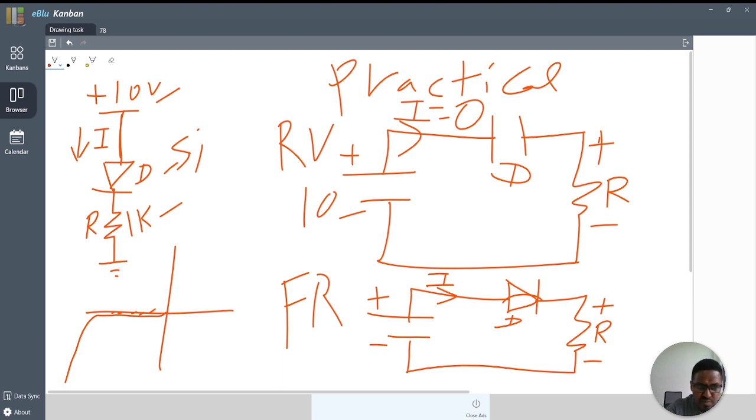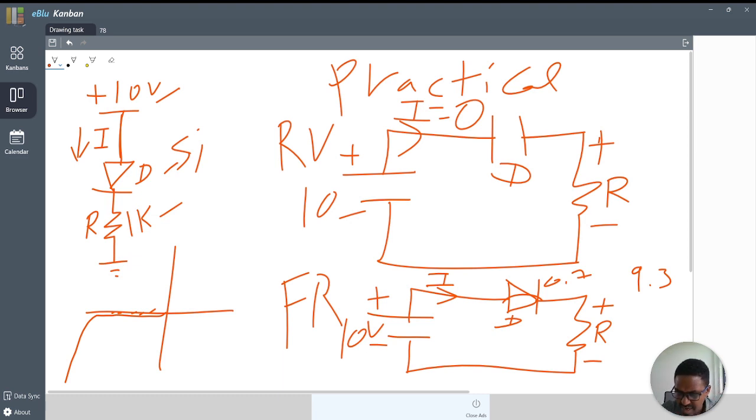If you assume the diode is a silicon diode, the voltage drop of the diode is 0.7 volts. So the voltage drop across the resistor becomes 9.3 volts, because our source is 10 volts and 0.7 drops across the diode.